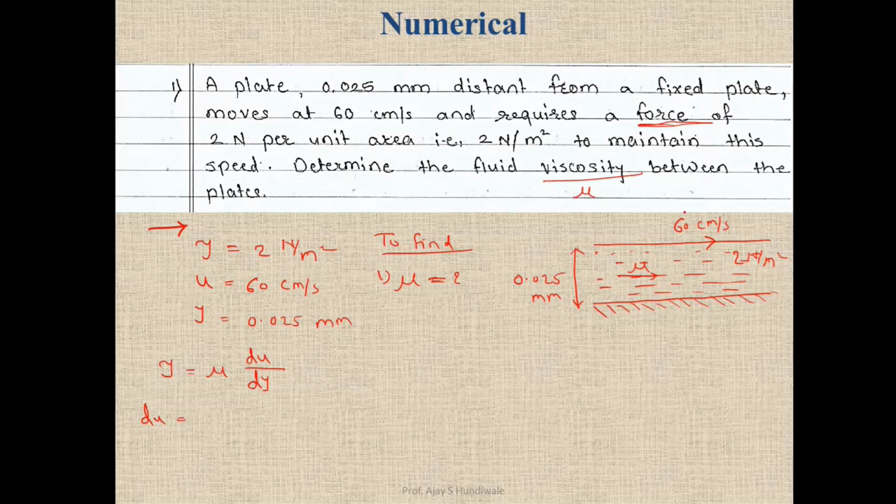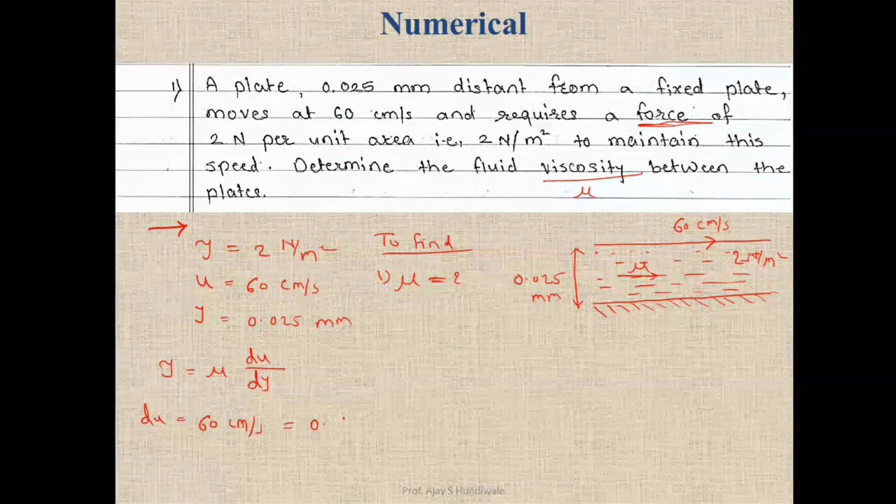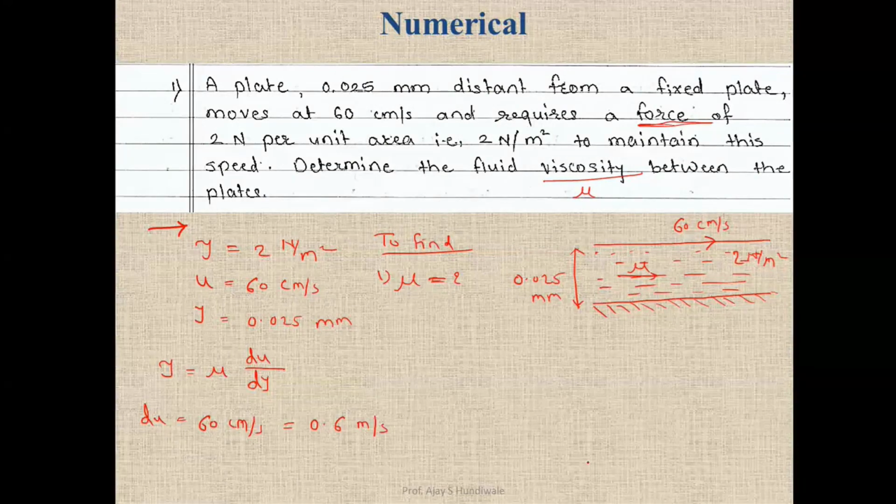So starting from 0, so 0 minus this, so change in velocity is 60 centimeter per second only. So that is equal to, converting this into meter per second, 0.6 meter per second. And the distance between these two plates is dy only. So here I can write dy also or y also. This is the distance only.